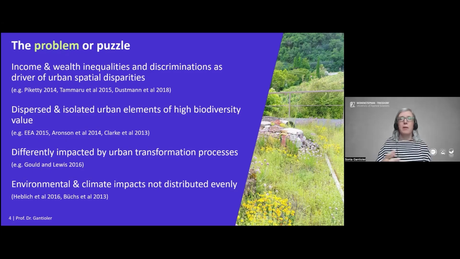Over many decades, we also increasingly have dispersed or isolated urban elements of high biodiversity value, but also of recreational value. So some might be profiting more from them than others.